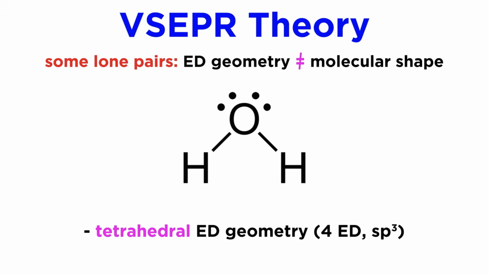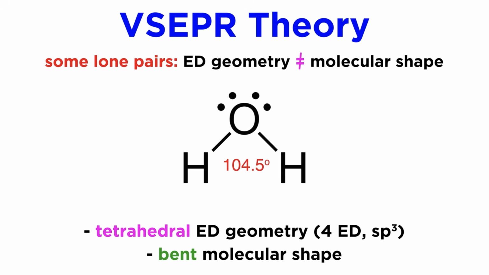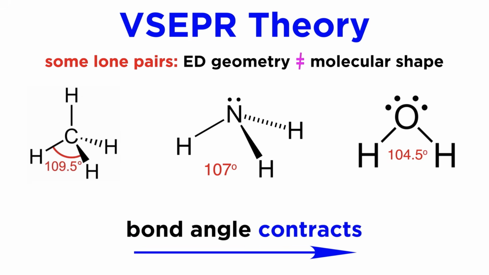That means it has 4 electron domains and will be sp3 hybridized, with tetrahedral electron domain geometry. But with 2 lone pairs, we will call the molecular shape bent. The bond angles decrease even more as the second lone pair is added, again because the lone pairs repel other electron density slightly more than bonding pairs, and we should take note of these angles for methane, ammonia, and water.